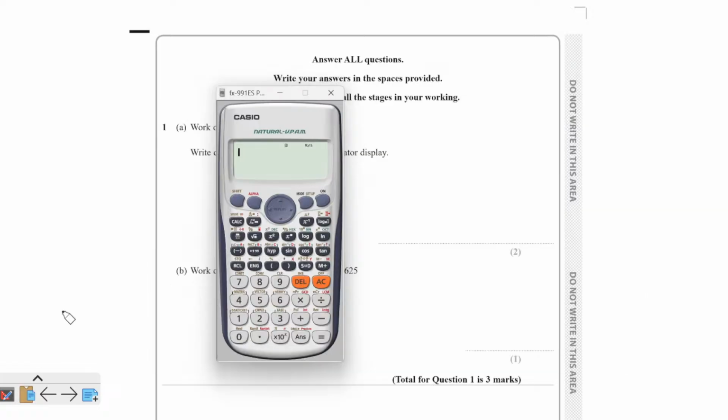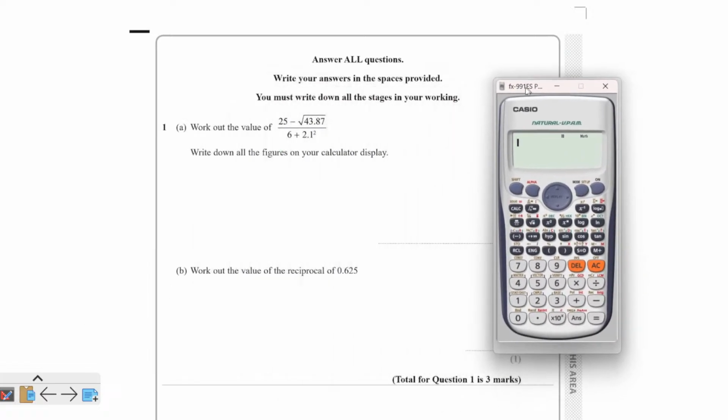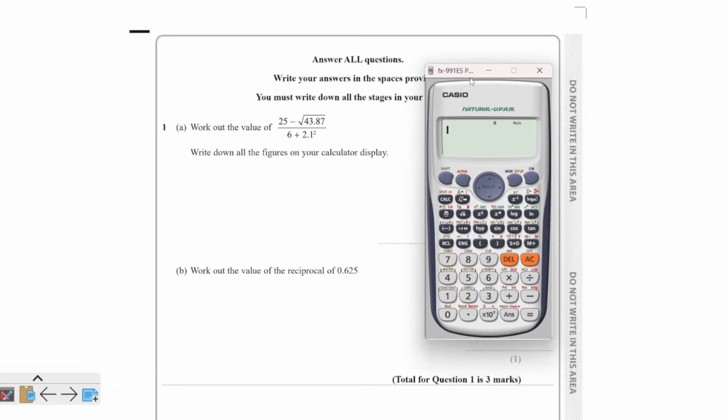So, grabbing our calculator, let's type this in. 25, let's get our fraction as well, shall we? 25 minus root 43.87. Obviously make sure you type it in correctly, otherwise that will be a waste of a mark. 6 plus 2.1 squared equals, and then you can see we've got this whole number here.